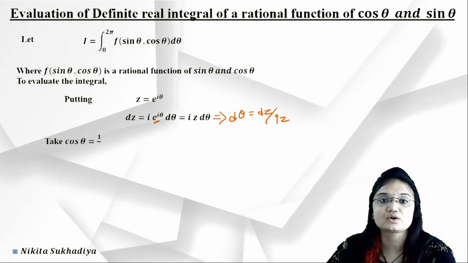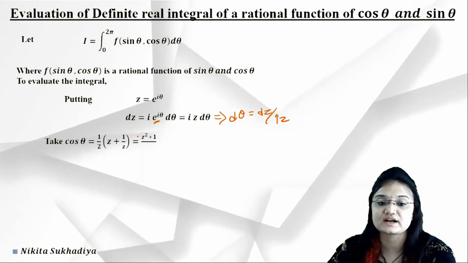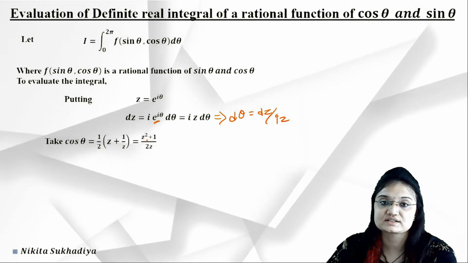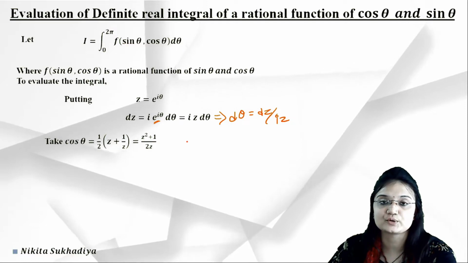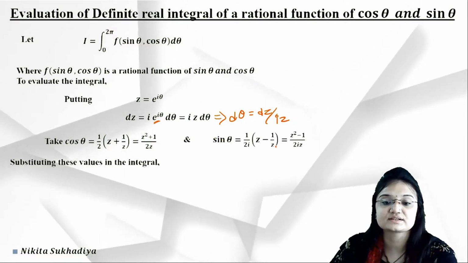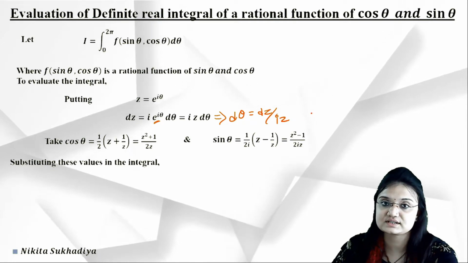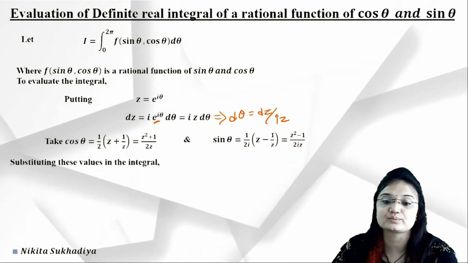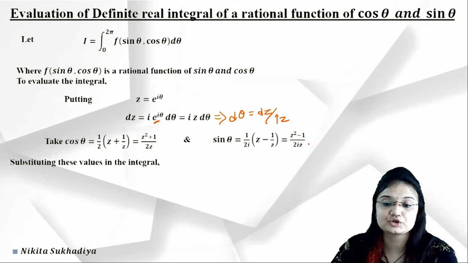Now take cos theta equal to 1 by 2 times z plus 1 upon z, that is z squared plus 1 upon 2z, and sin theta equal to 1 upon 2i times z minus 1 upon z, that is z squared minus 1 upon 2iz. Now substitute all this here.